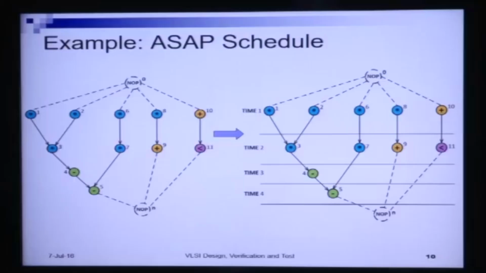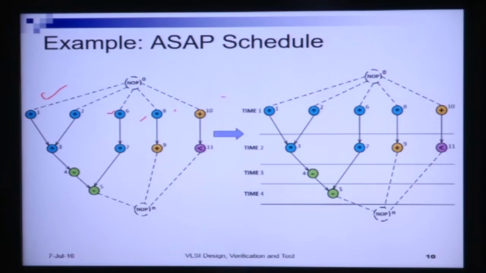As an example, the operation constraint graph that we obtained is shown on the left, and on the right we have the corresponding ASAP schedule. See that all the independent operations, this and this, have been scheduled in step 1.